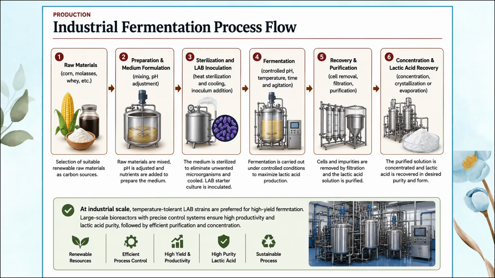In this step, we have to remove the cell debris and any unwanted materials, and impurities can be removed by the filtration process, and the lactic acid solution is purified. Finally, we concentrate and recover the lactic acid in the form of pure crystals, powder, or semi-solid liquids.